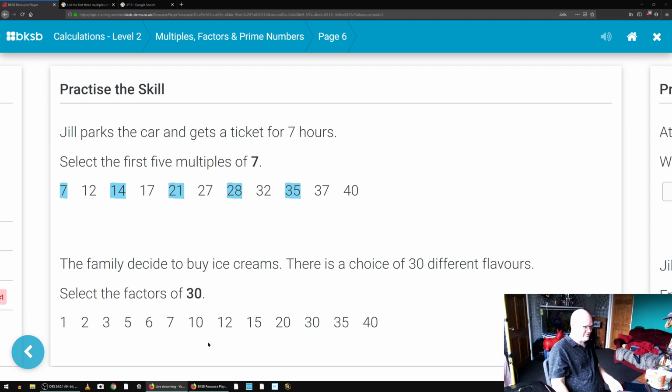Select the factors of 30. Well, a factor of 30 is 30. 2 times something.